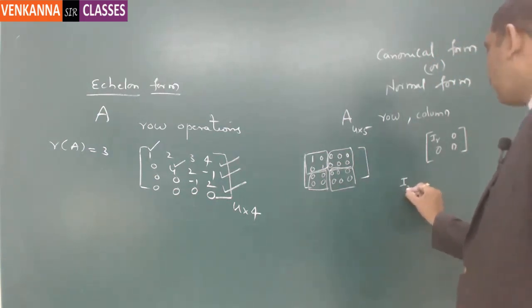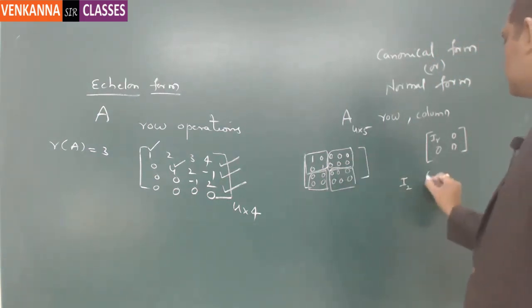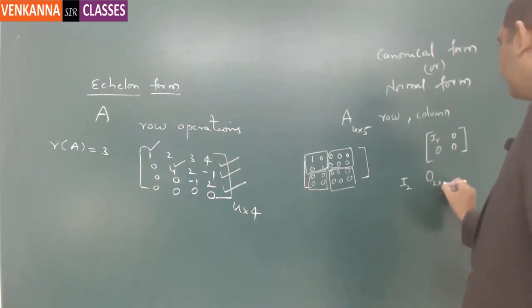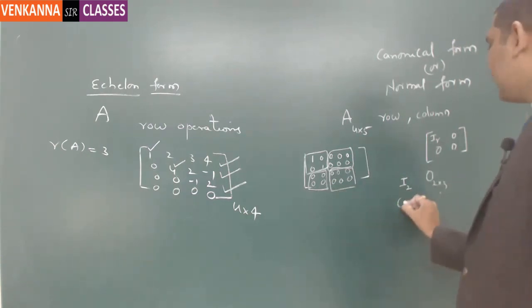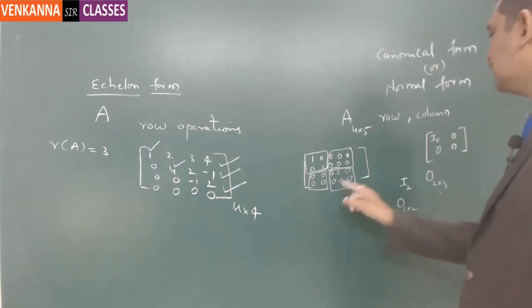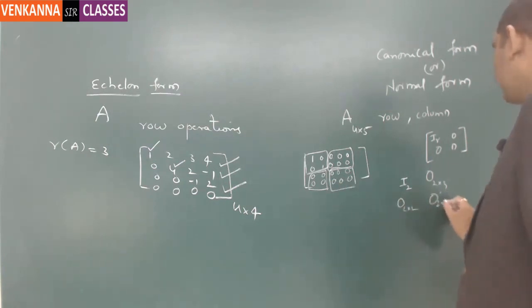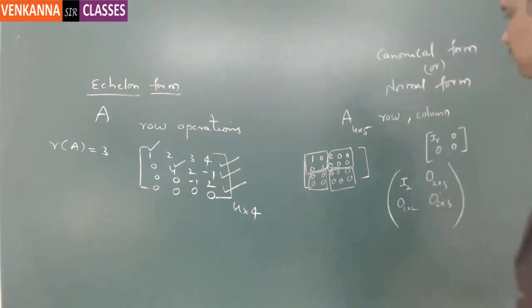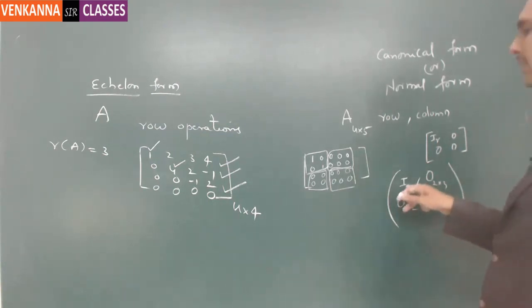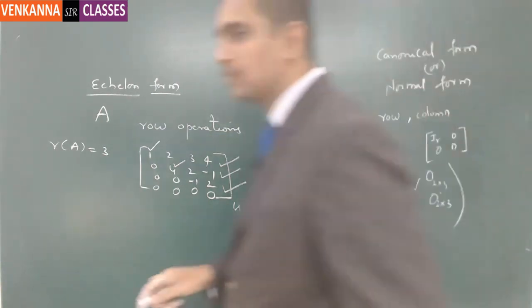Identity matrix of order 2, a zero matrix of order 2 by 3, a zero matrix of order 2 by 2, and a zero matrix of order 2 by 3. So after applying row and column operations, the given matrix will be reduced to the form IR 0 0. The order of the identity matrix will be declared as the rank of the matrix. Whatever identity matrix order you get, that is called the rank of the matrix.